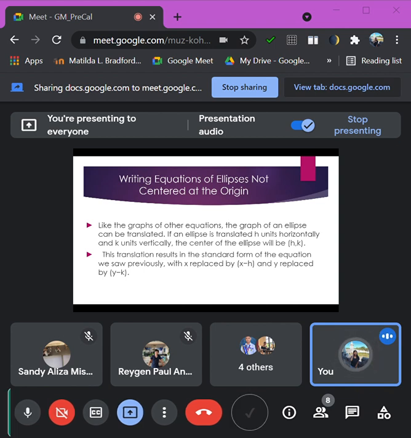So, katong x squared nimo dito, class, ang ibutang na nimo dito is x minus h squared. And then, ang sa y could be y minus k squared. And remember that h and k will be your center. Okay, naana na siya values, class. Meaning to say, dili na siya 0, 0. Okay, understand?